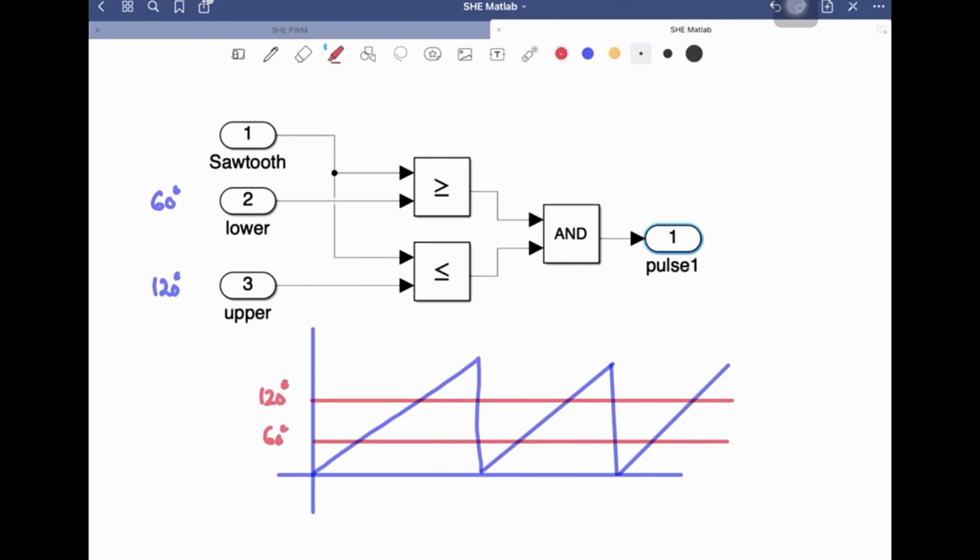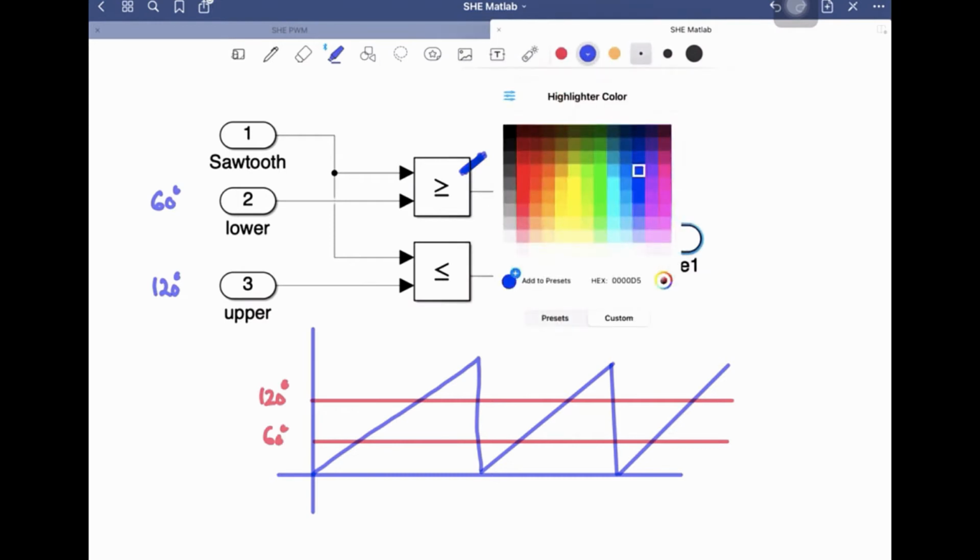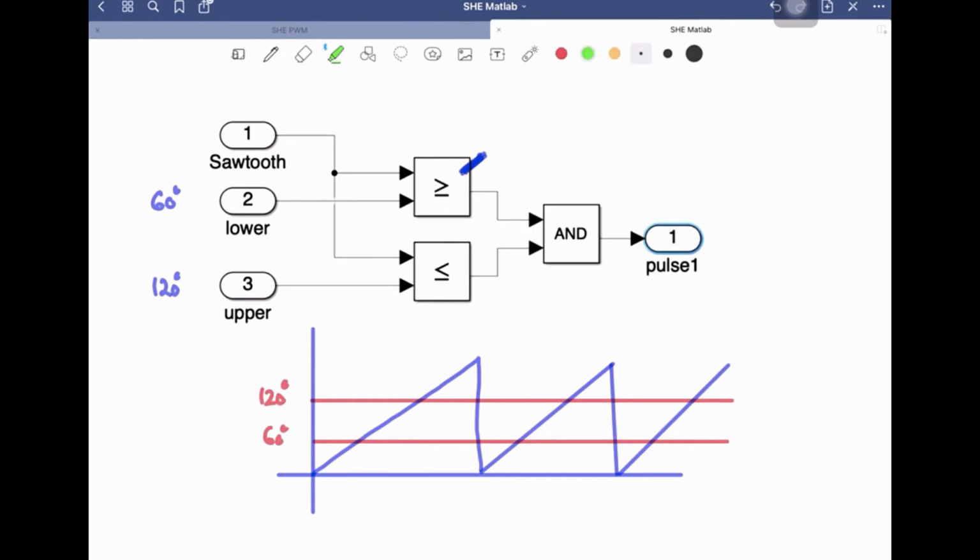Okay, so the first condition will be true when your sawtooth waveform is greater than the lower value. So if I take, let's suppose, the green color for this, we are comparing it with the 60 degree, and once the sawtooth waveform is greater than the lower value, then there will be the output.